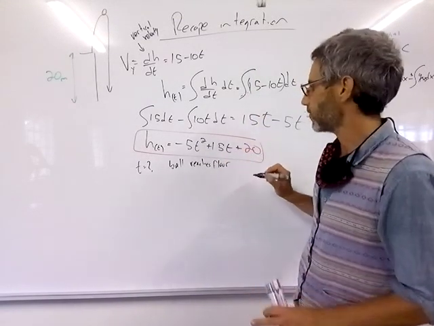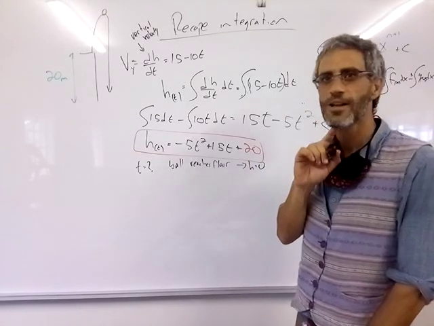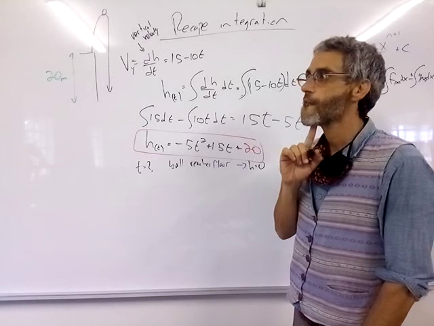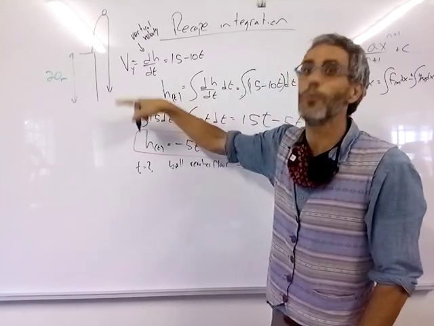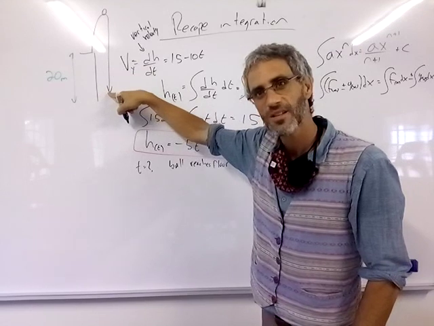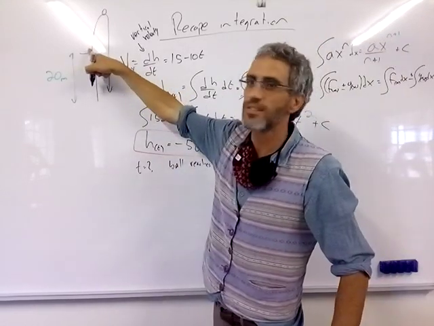What's the height at the floor? 0. No, it's the displacement, not the distance. The distance is not 0, but the displacement is 20.